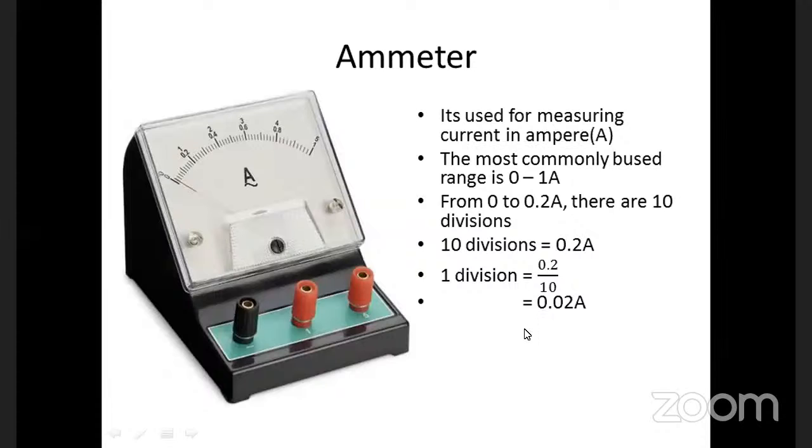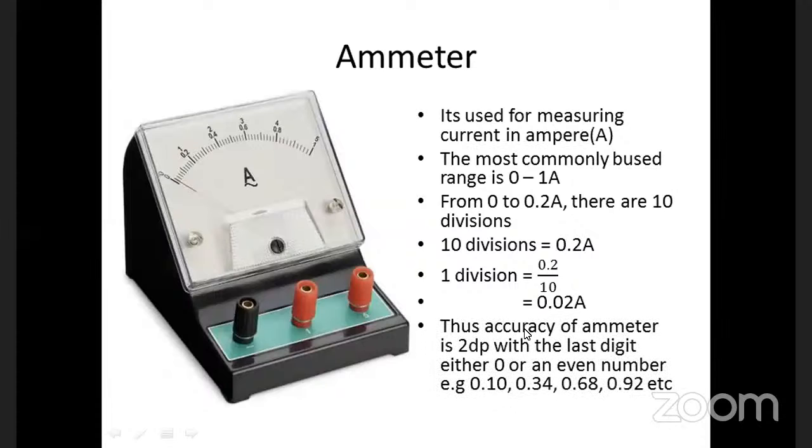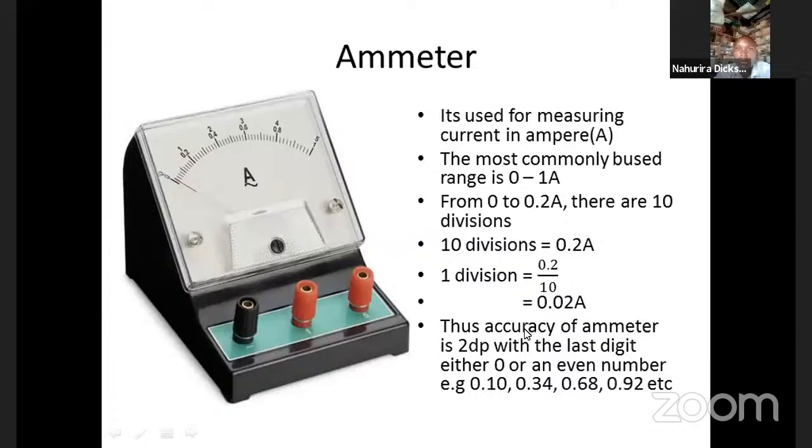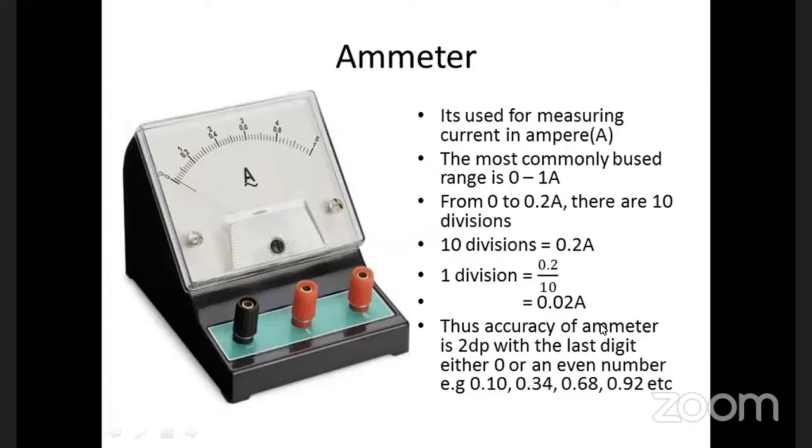So from there we conclude that the accuracy of that ammeter is 1 decimal place, and all the recordings will be to 1 decimal place. Meanwhile, for what we have here, the common type that we always have in the laboratory, the accuracy of this one is 2 decimal places. Of course, the last digit will either be a 0 or an even number.